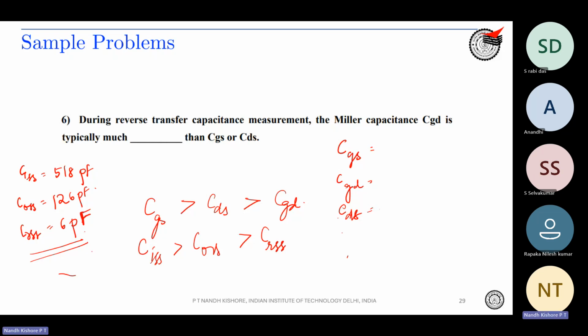Numbers are over here. Just directly you can see and tell. This is for GS66516, 650 volts, 60 amperes. Can you tell me what is CGS, CGD, and CDS?